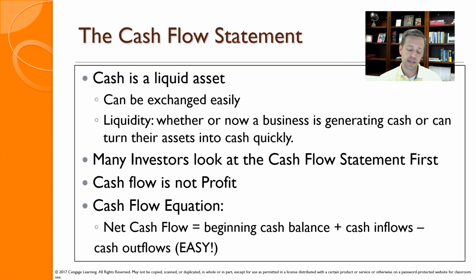We have to maintain positive cash to be able to pay the bills, to keep the lights on. Liquidity is an important term, and it is a term used to denote whether or not a business is generating cash from its assets or is able to convert its assets into cash very quickly.